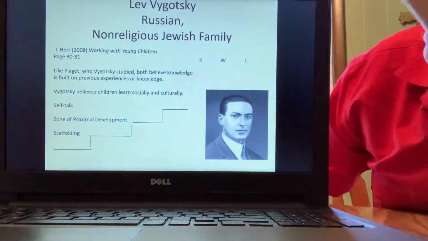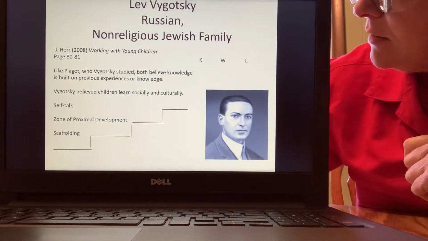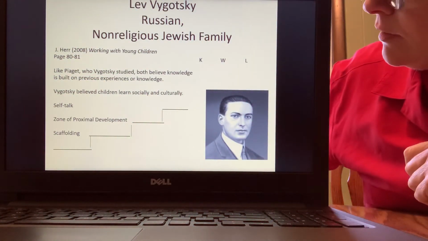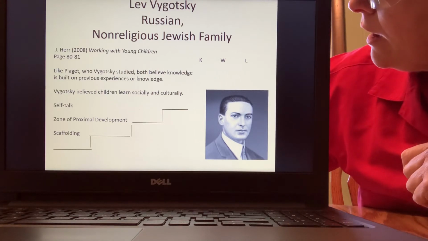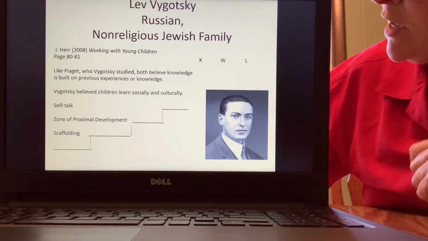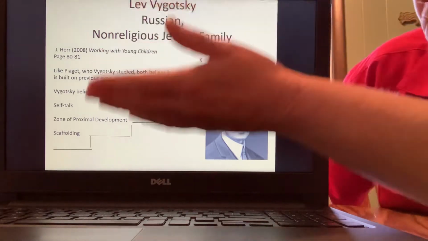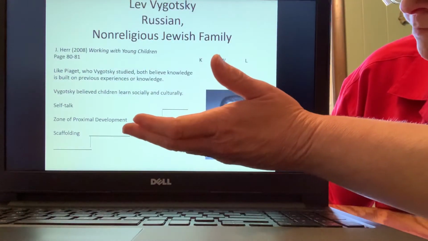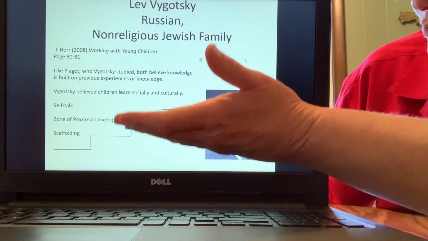He says that we have a zone of proximal development. Okay, so that's another term that he introduced us to. The zone of proximal development is very important to his theory.